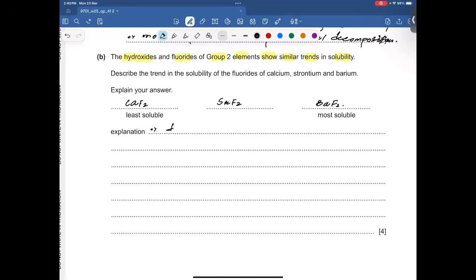Down the group, ionic radius increases. So charge density decreases.